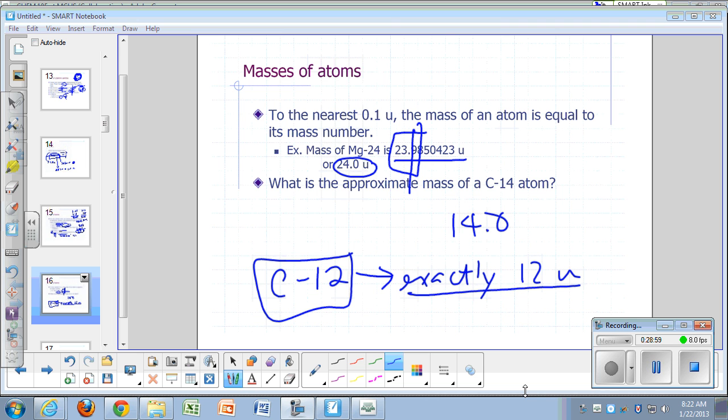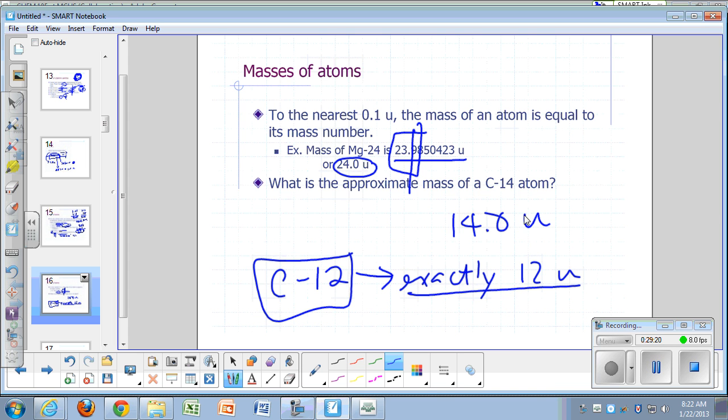So like I said, to the nearest tenth of an atomic mass unit, you should be able to give me the mass of any atom. Whatever the mass number is, that should give you the approximate mass of the atom. So carbon-14 would have a mass of 14.0 atomic mass units.